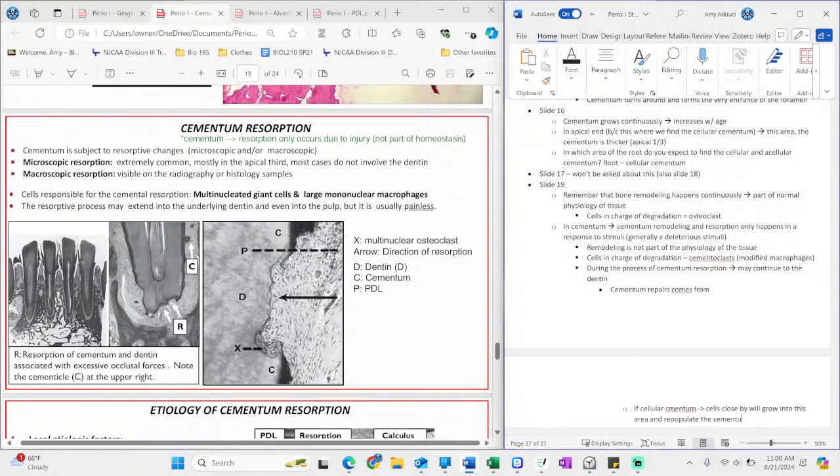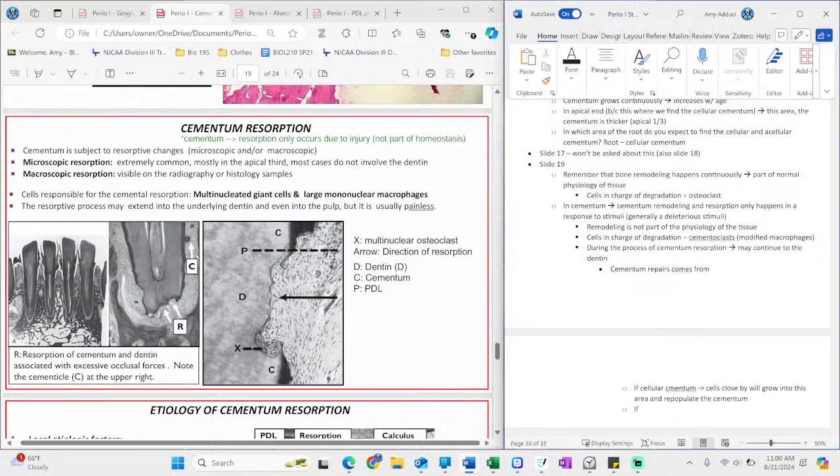If this area was acellular cementum, the precursors for cementoblasts are located in the PDL. Those cells are going to establish themselves on the border and start depositing new cementum there by apposition.